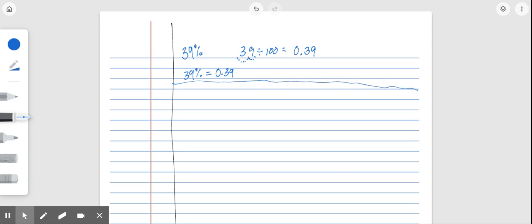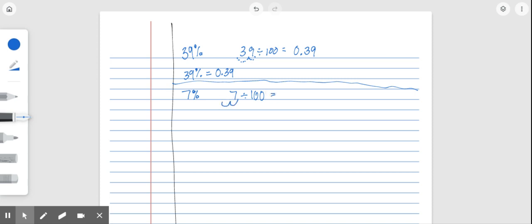Let's try another one. What if I only have 7%? Okay, 7%. Now I take 7 and divide it by 100. This time it's weird because I only have 1 spot to move the decimal. I need to move it a second spot.